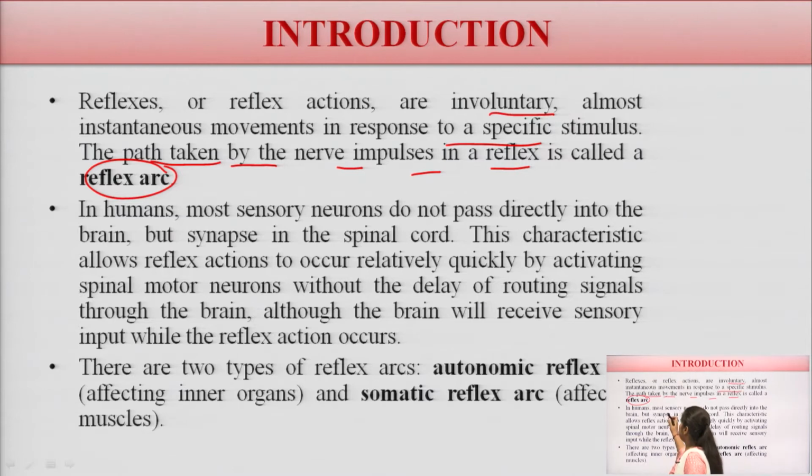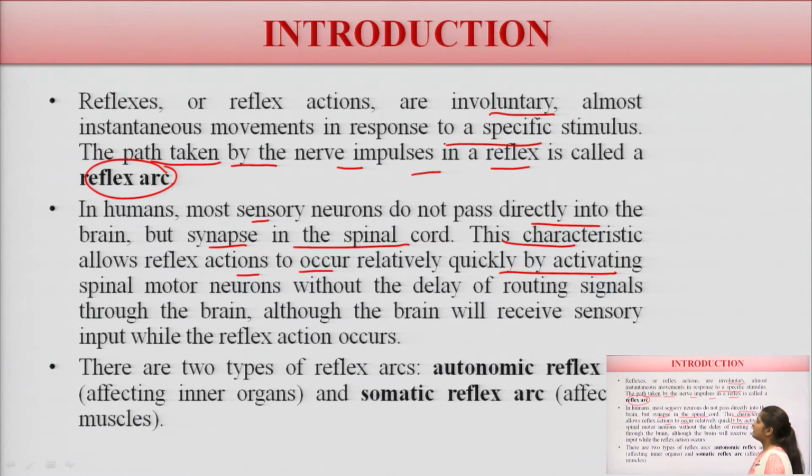In humans, most sensory neurons do not pass directly into the brain, but there is a synapse in the spinal cord. That's why I called it a bridge. These characteristics allow reflex actions to occur relatively quickly by activating the spinal motor neurons without the delay of routine signals through the brain.